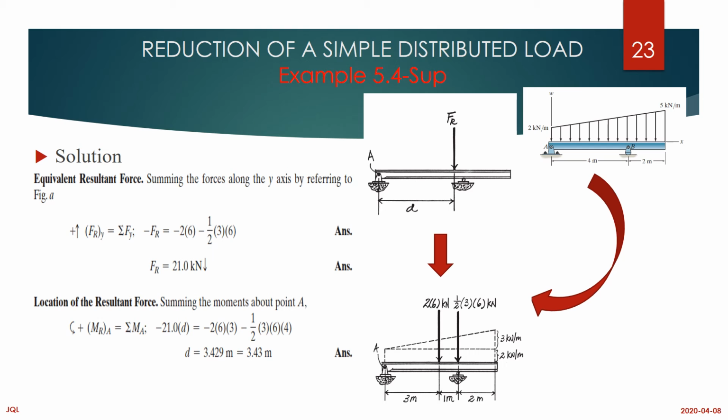So in this case, this is how they have solved this, where you find the two forces. The one is 2 times 6, the other one is 1/2, 3 times 6. Right? But how are you going to find where the FR is? This is very simple.